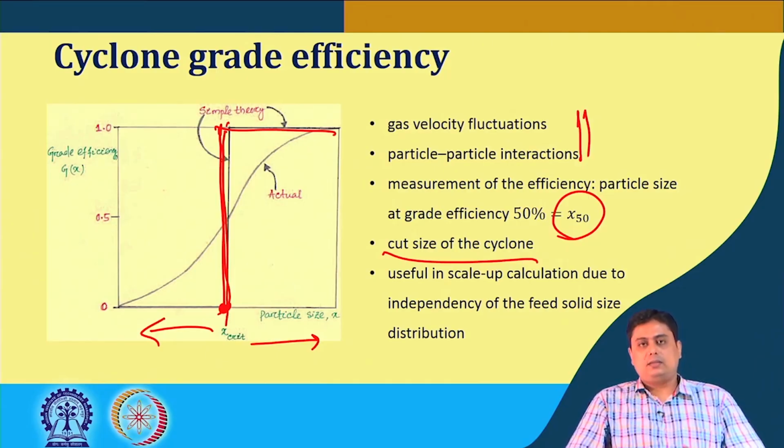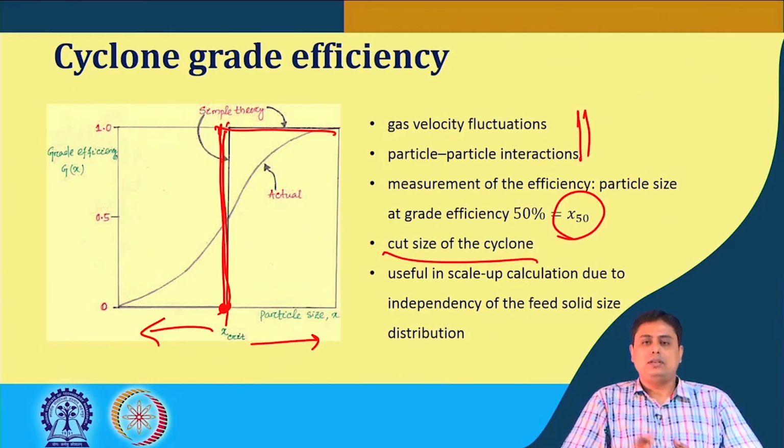Now, this parameter is very useful as a single number in scale up calculations from a laboratory stage to the commercial scale, because this cut size is independent of feed size distribution. So, that is the reason that this cut size is one of the vital parameters that is used for the calculation of scale up designs.